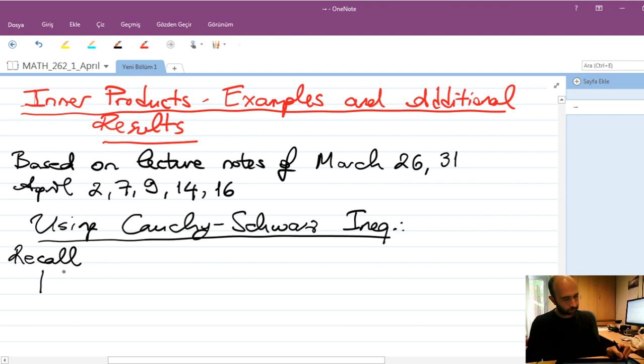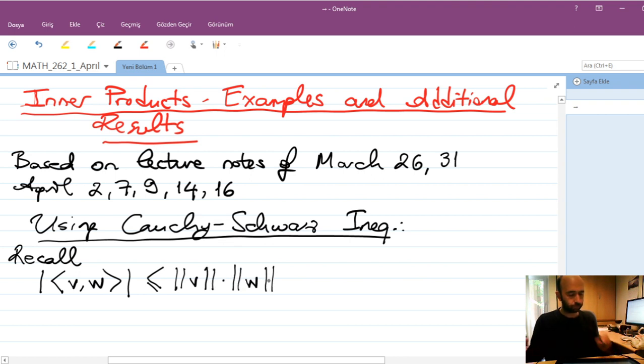This simply says the absolute value, or the modulus in the complex case, of the inner product of two vectors v and w is less than or equal to the product of their norms. And this works in any inner product space or Hermitian inner product space.